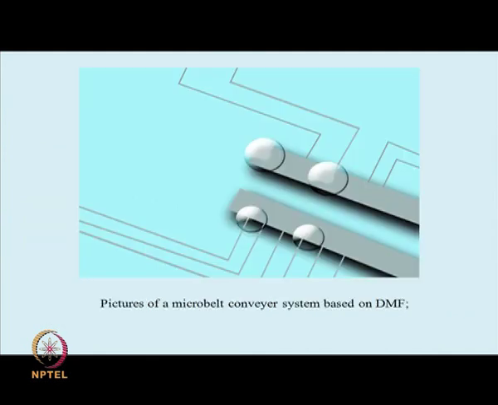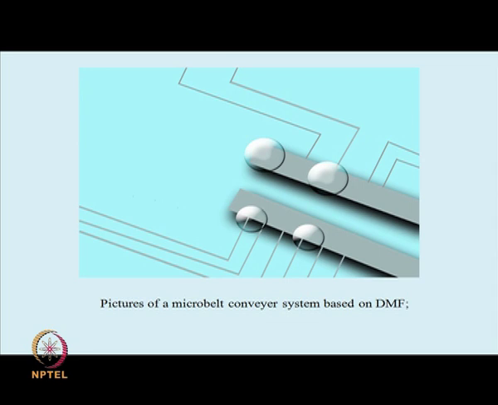And finally, one interesting unique example of DMF to close today's class. In this figure, you can see there are 4 droplets. The droplets move simultaneously, keeping equal distance between them. What is done is a thin sheet is placed on them, as you can see over here.